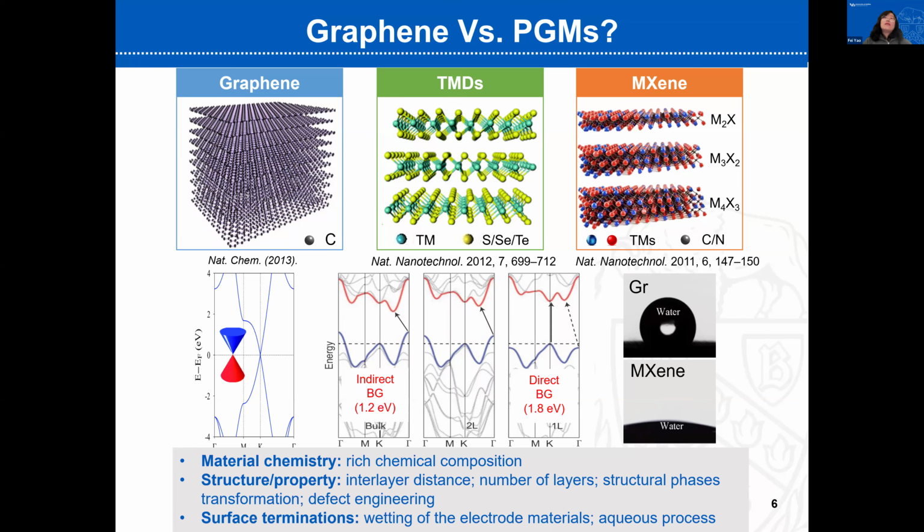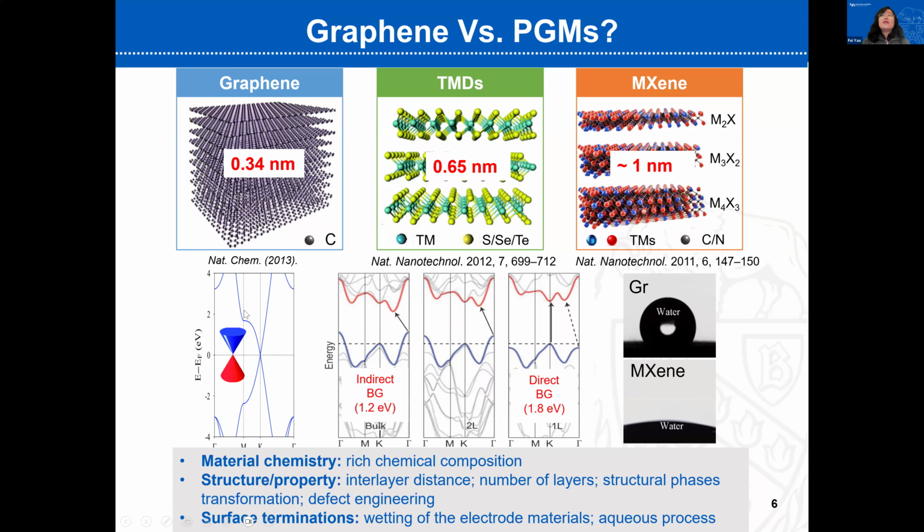As for the structure, graphene usually shows an interlayer distance around 0.34 nanometer, while the transition metal dichalcogenide shows an interlayer distance of 0.65, and MXene is around 1 nanometer. This enlarged interlayer distance is actually beneficial for ion intercalation and deintercalation, especially for post-lithium chemistry.